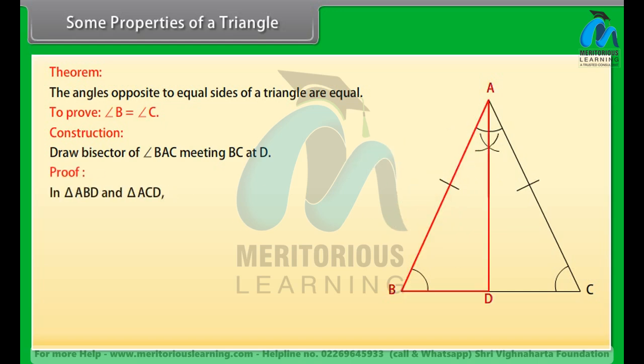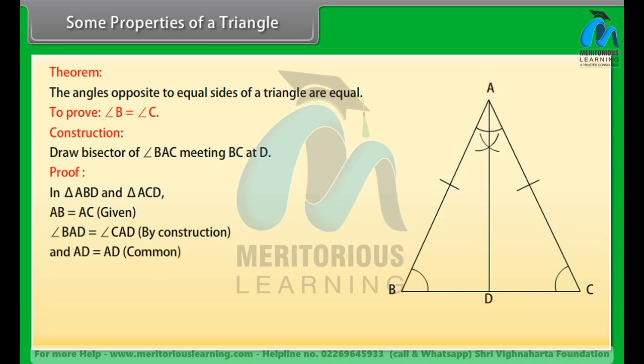In triangle ABD and triangle ACD, AB is equal to AC is given. Angle BAD is equal to angle CAD by construction, and AD is equal to AD, common. Therefore, by SAS rule, triangle ABD is congruent to triangle ACD. Hence, angle B is equal to angle C.